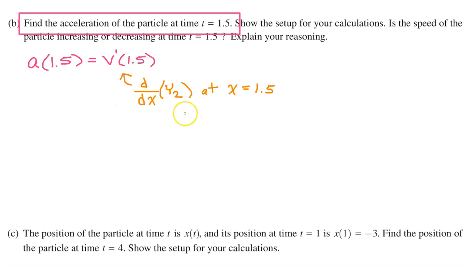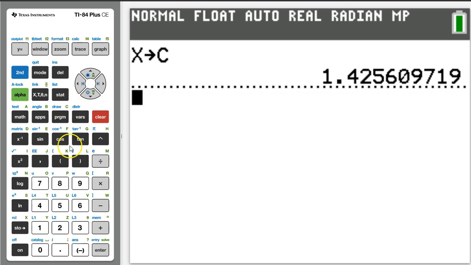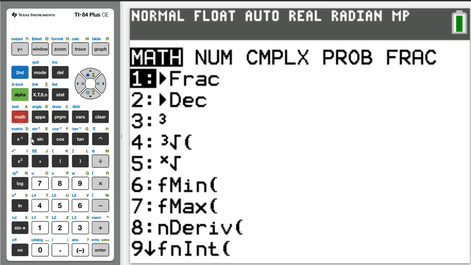This will be super easy to do on the graphing calculator. Remember, we typed the velocity equation in as y2. So evaluating v prime at 1.5 means evaluating the derivative of y2 at 1.5. To make the derivative show up, we hit Math and we choose option 8.